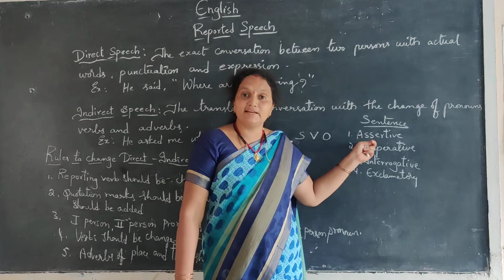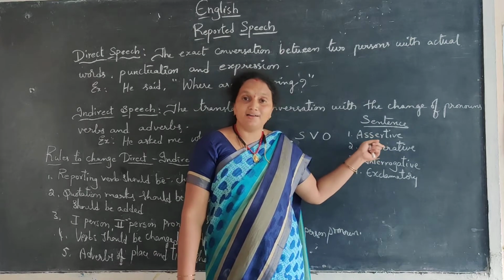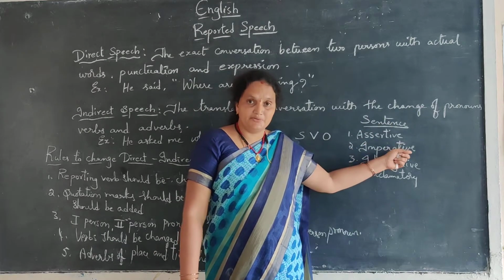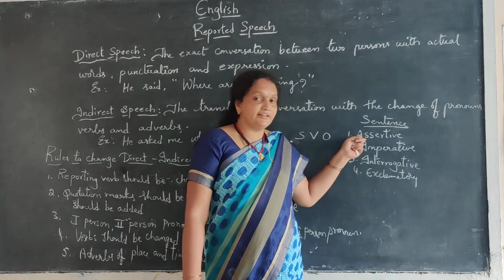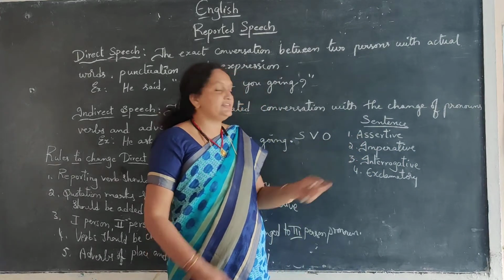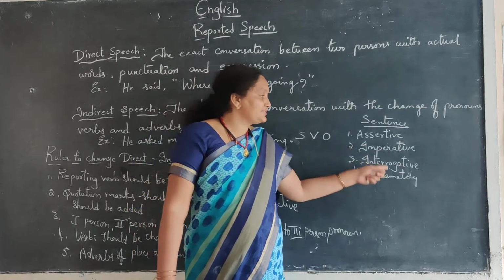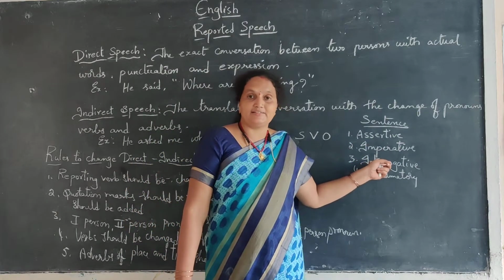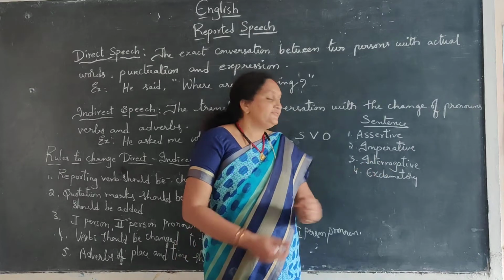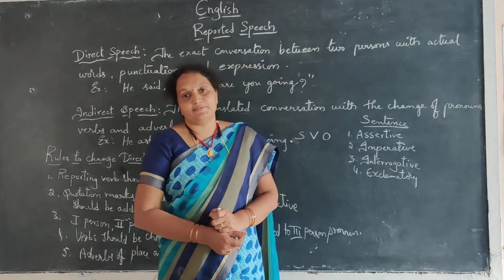First one is the assertive sentence, or we also call it the declarative sentence. Next is the imperative sentence. Next, interrogative sentence. And the fourth one is the exclamatory sentence.